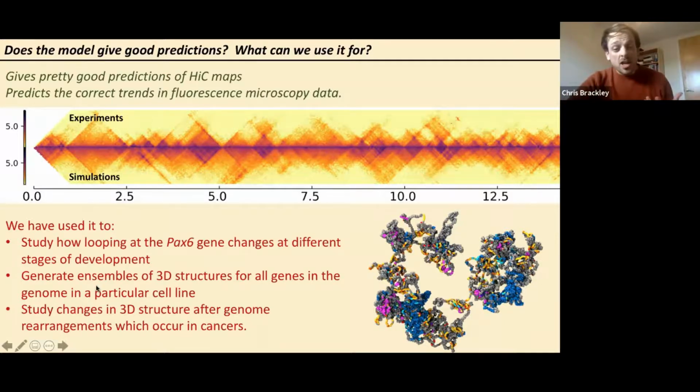We've currently got a project where we're trying to simulate all of the genes in the genome in a particular cell line to try and look for similarities and differences between different genes. And then most recently, I've been using the model to look at 3D structure after genome rearrangements, which occur in cancers. I'll say a little bit more about that in a minute or so.